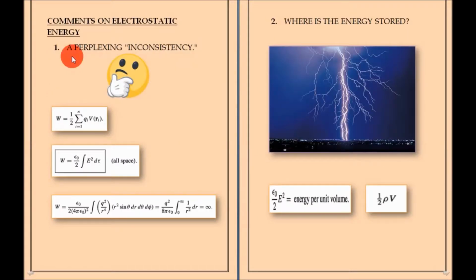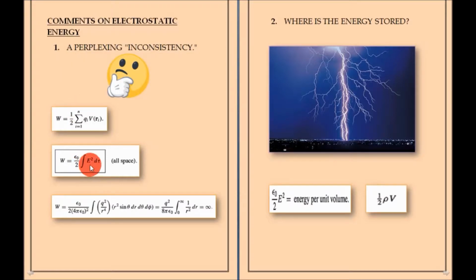And now comes the real twist. Now we will discuss the inconsistency that occurs between the two expressions of work done that we have derived. The first expression that we have derived is for point charges, and using the point charges we have derived the expression for a continuous charge distribution.